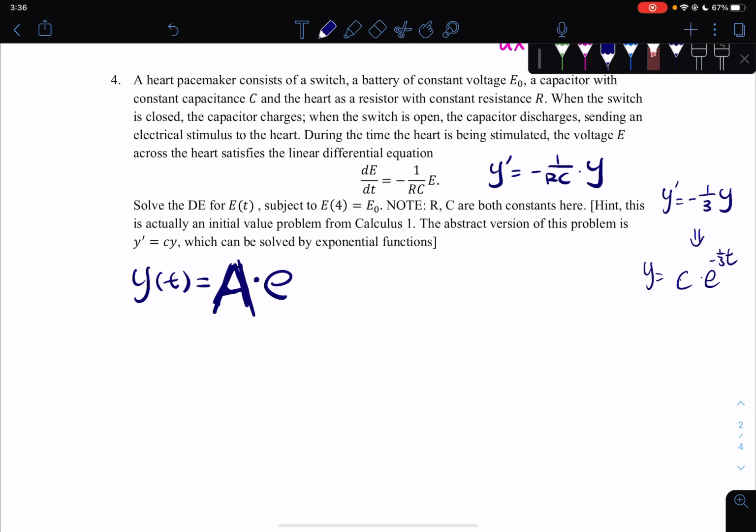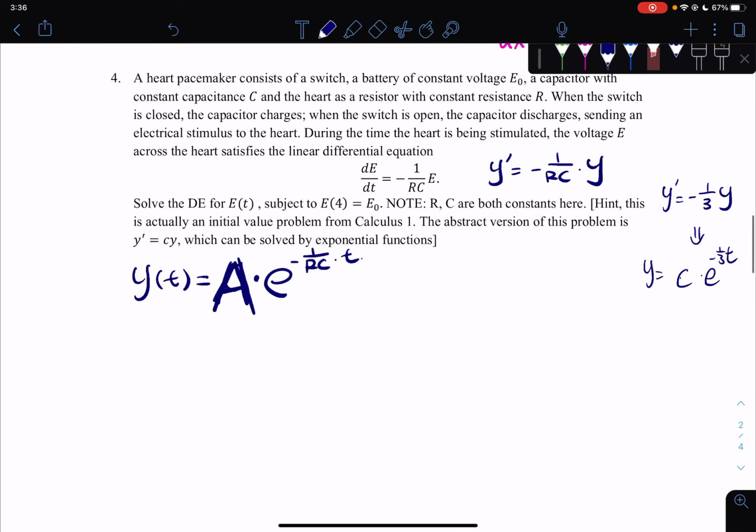So it's some kind of constant, e to the power of negative 1 over rc times t, where t is my independent variable. Well, my bad. I should have called it e because that's my original variable.